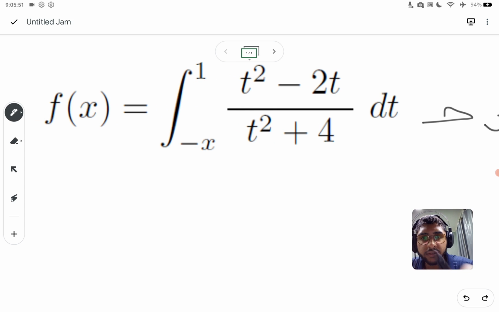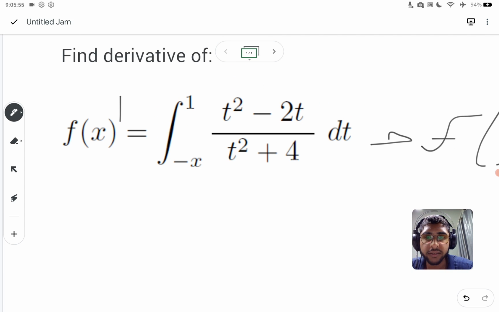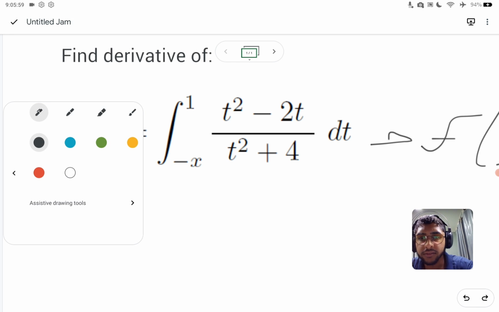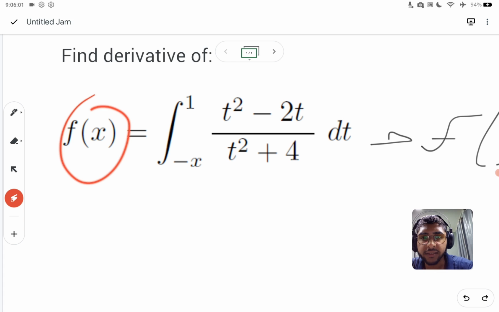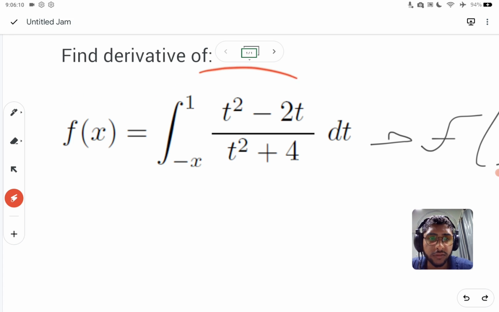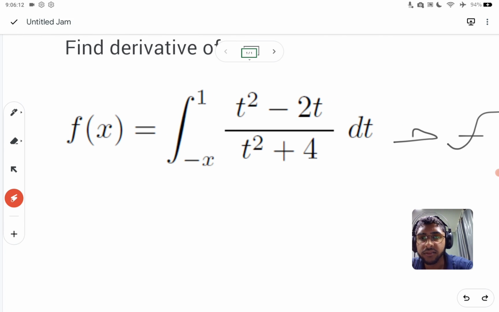If I put the derivative of f(x) here, we know that both sides are equal. Finding the derivative of f(x) is the same thing as finding the derivative of this integral.